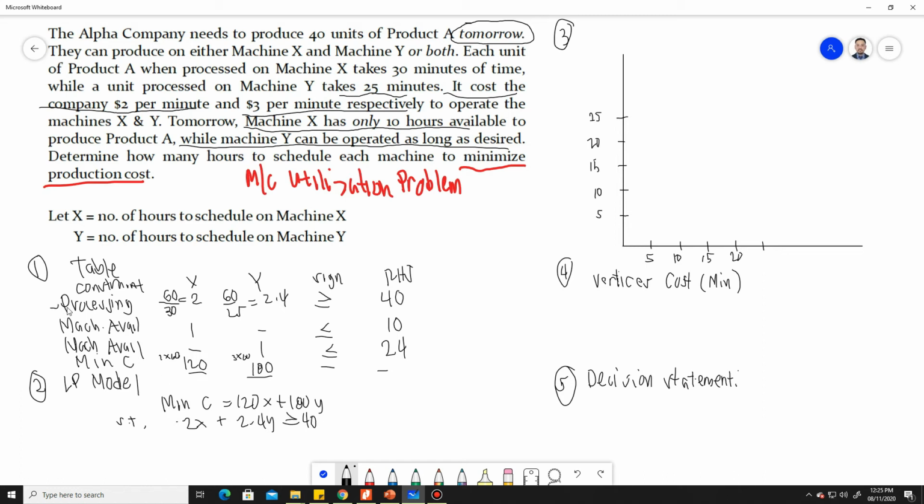So, ito yun, di ba? Ito naman, we have x less than or equal to 10. Ito namang third constraint, we have y less than or equal to 24. And x and y should be both greater than or equal to 0. So we have a 2 by 3 problem. 2 variables and 3 constraints.